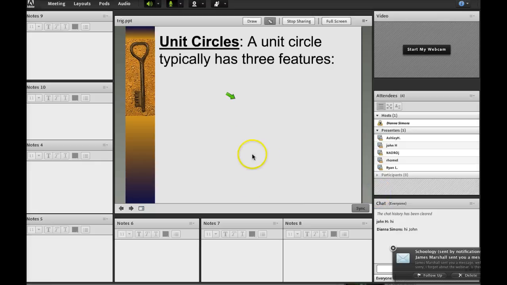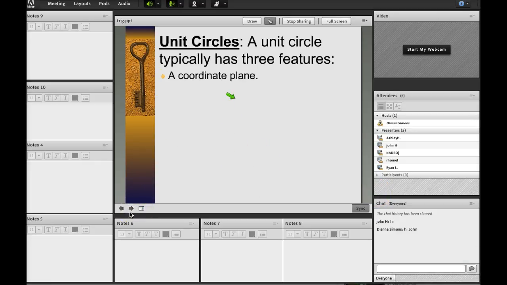Okay. So unit circle typically has these three features. A coordinate plane. What's a coordinate plane? Come on, guys. This is week 8 of the third quarter.